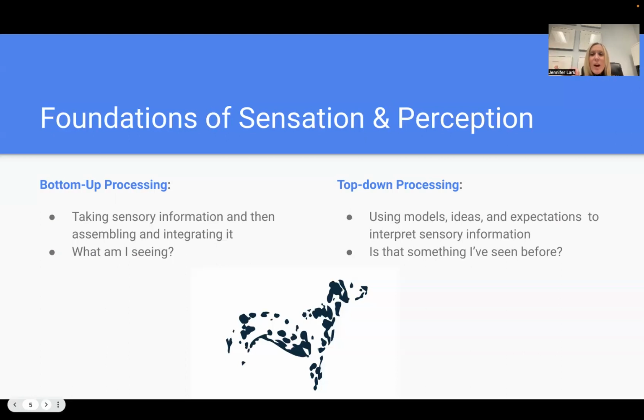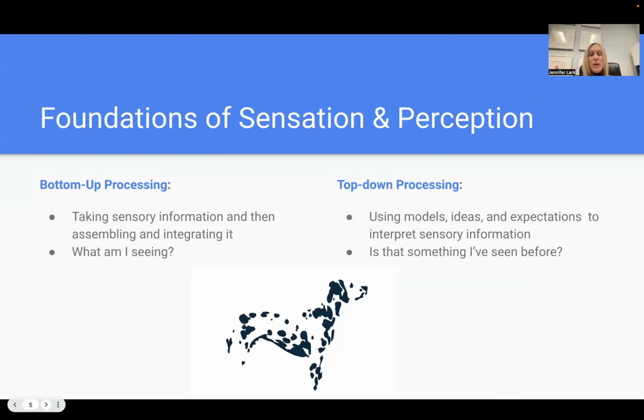At the same time, top-down processing is occurring. That's where, based on our own models, ideas, expectations, our mental set, and things that have happened to us via previous life experiences, our brain wants to automatically create shortcuts for us, and it will immediately identify something that's coming in at it.